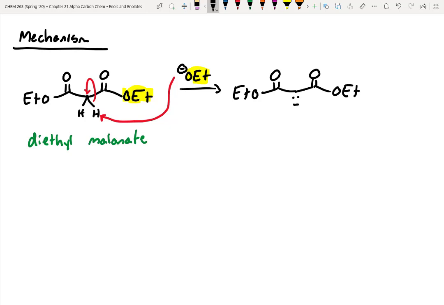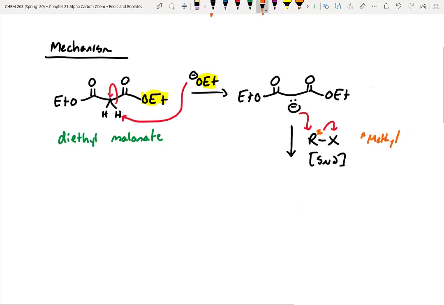And now that we've got our enolate set up, what we can do is treat this with our alkyl halide. And just like we saw in the prior step, an enolate can do SN2 chemistry with an alkyl halide. So this is going to be SN2. However, we have to remember that this R group must be a methyl or a primary R group.